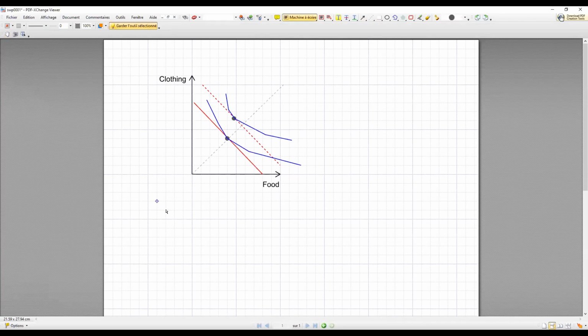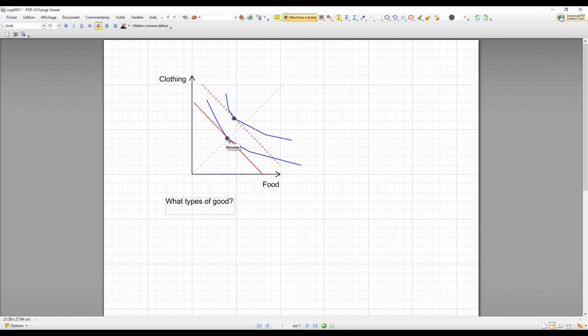So last thing. What's the line? The gray dotted line. The gray line is just to show what I would have to do to consume each item in exactly the same proportion as before.